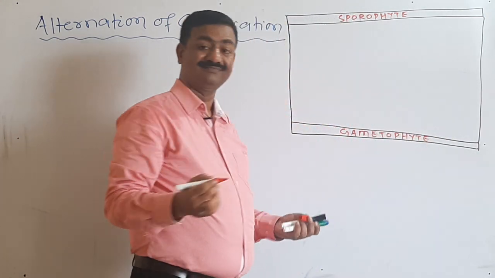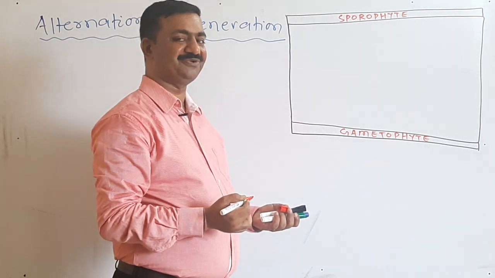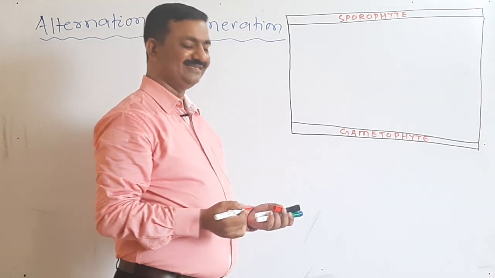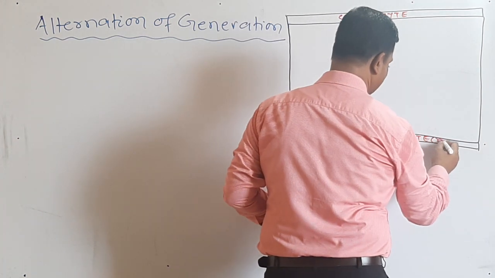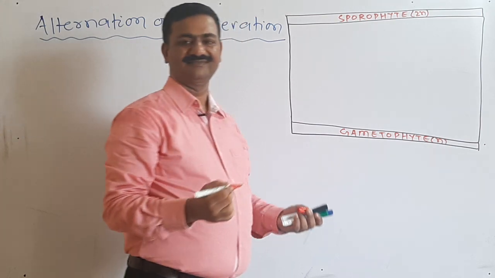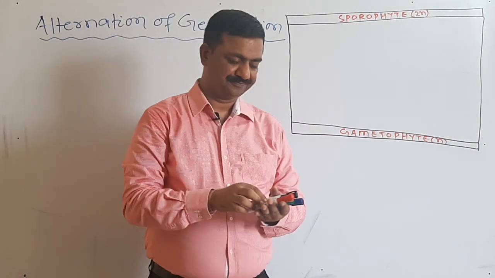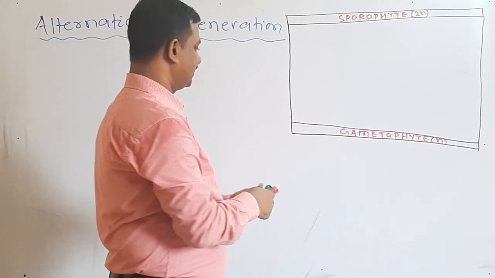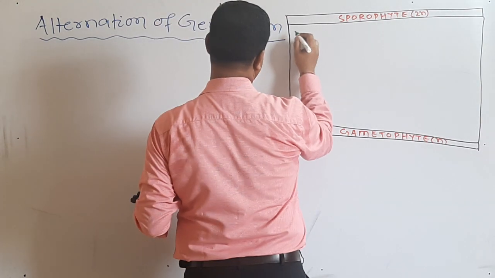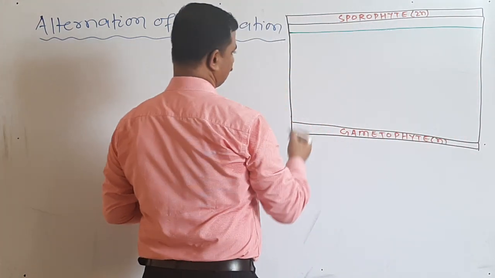Tell me what will be the ploidy level of the gametophyte? What do you think? We just studied it. Yes, right. It is n. So what about this one? 2n. Remember? Good. Now, talking about their different stages, we have distinguished them, right?